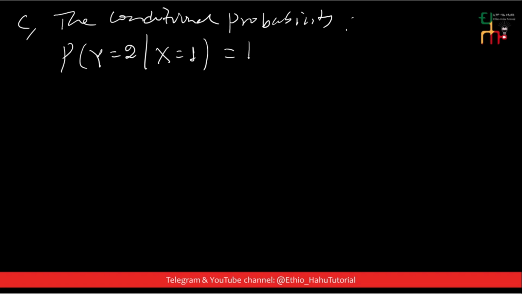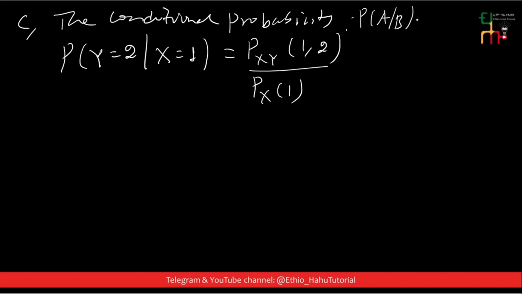This is the joint probability mass function of 1, 2, x and y 2 ማለት ነው, divided by the marginal probability mass function of x of 1 ማለት ነው። The probability of A given B ማለት ነው, probability of A intersection B over probability of B ማለት ነው። ስለዚህ the joint probability mass function of x is equal to 1, y is equal to 2 divided by the marginal probability mass function of x is equal to 1.